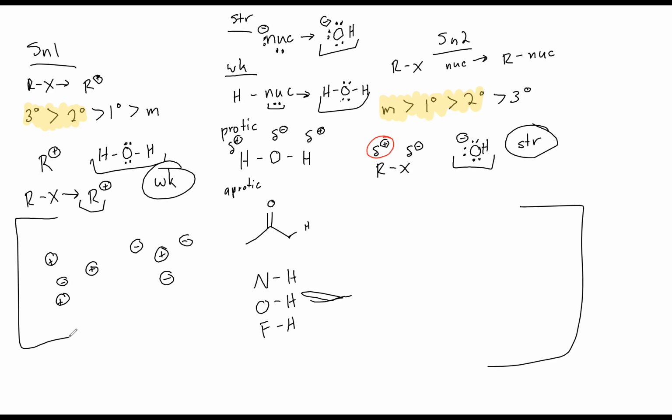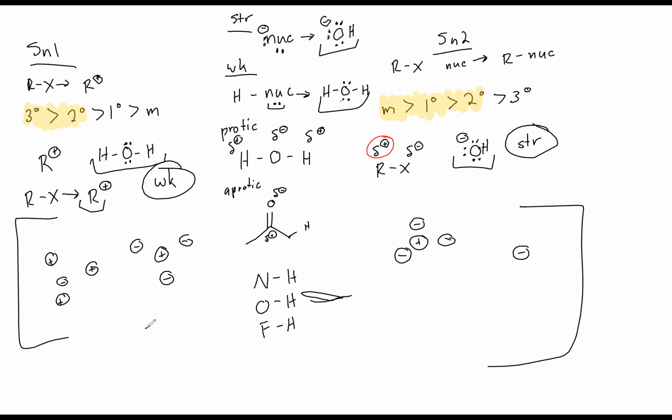Aprotic solvents tend to have less intense partial charges. It's still going to separate somewhat. It may use a negative charge to separate a positive charge out, but it's less likely to separate the other negative charge as much. That's where the big difference comes in.